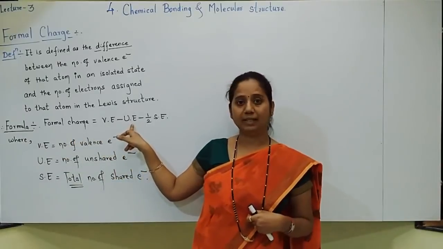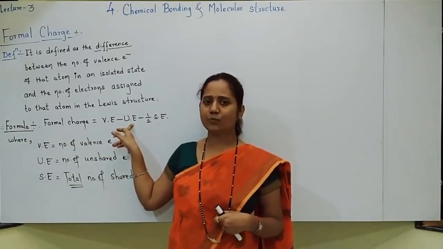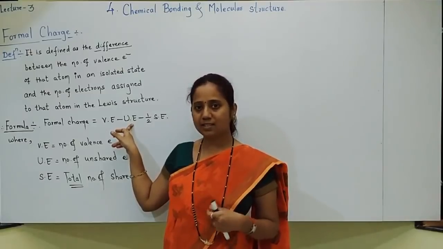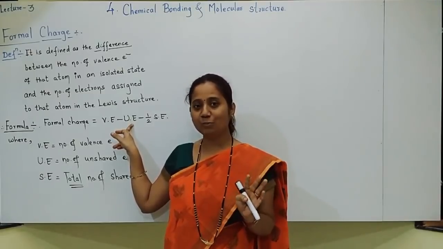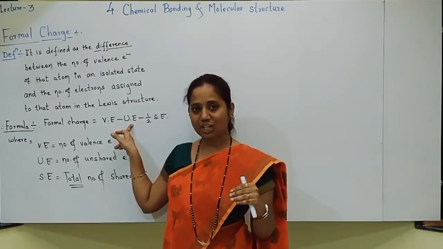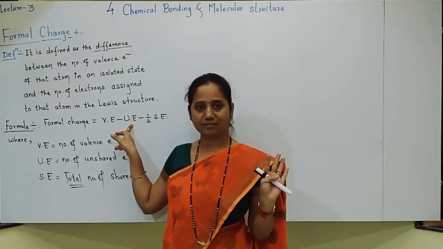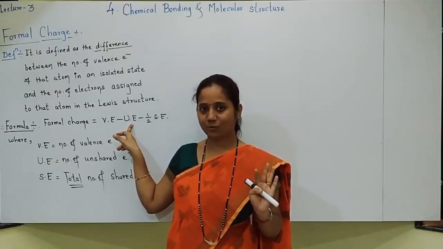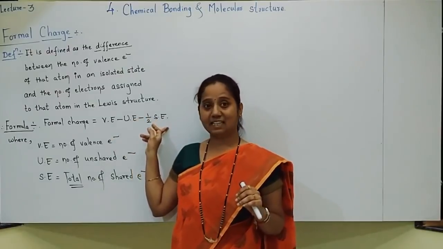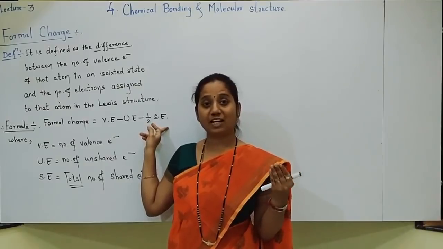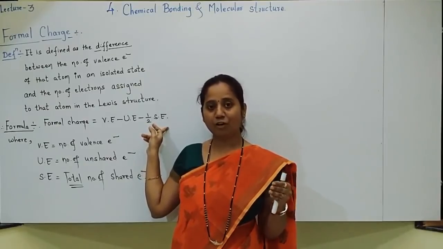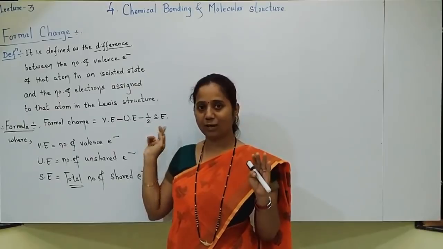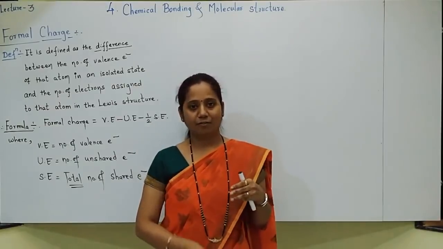What is UE? You can guess very easily. UE is nothing but unshared electrons. U means unshared. Which electrons are not shared? Those are called unshared electrons. SE, of course, is the number of shared electrons.